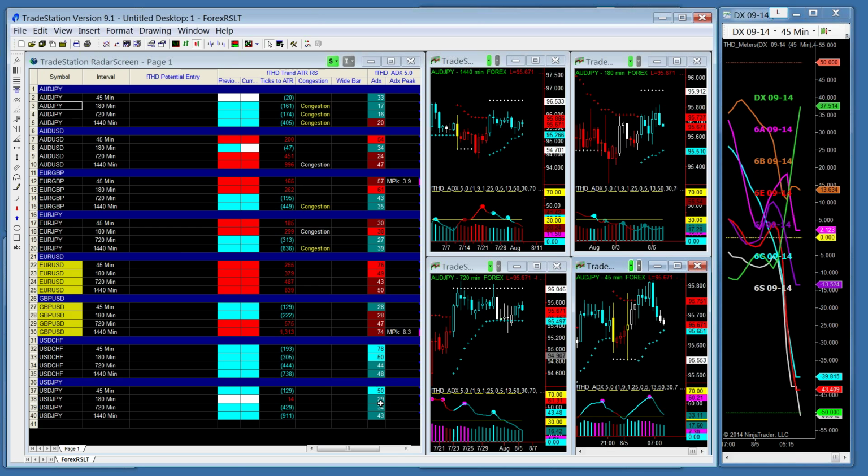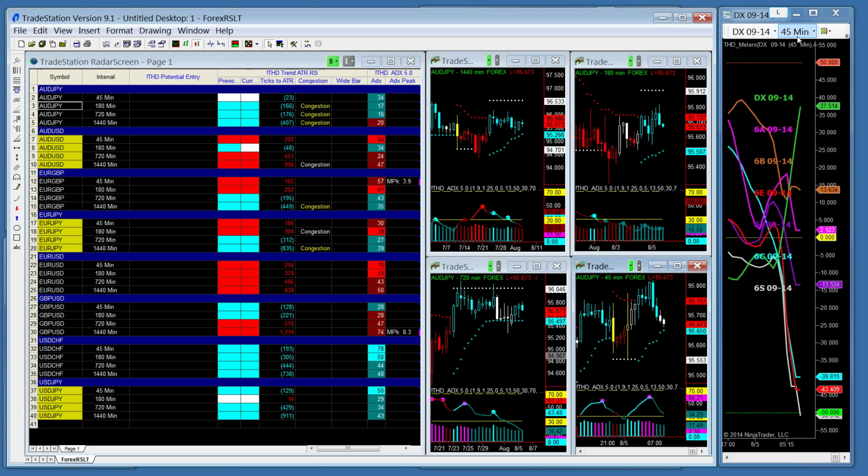So the radar screen really just gives you a way to zoom in on the Forex pairs that you have potentials on. I've got my meter set to 45-minute, but we can set it to any period we want. I set it to 45 because I intraday trade Forex a lot.